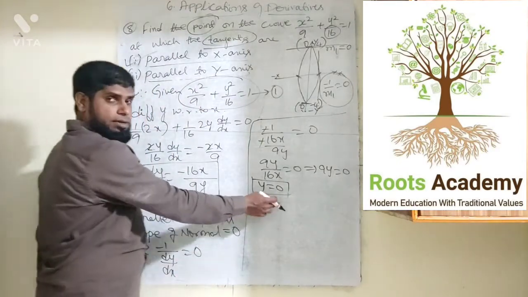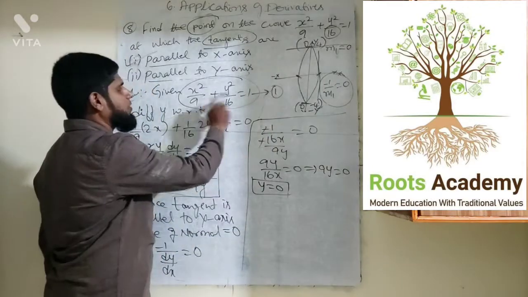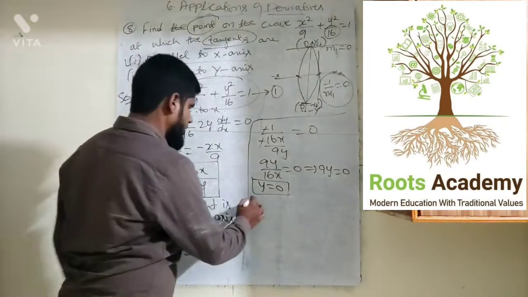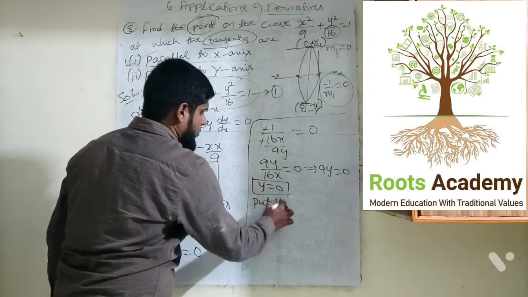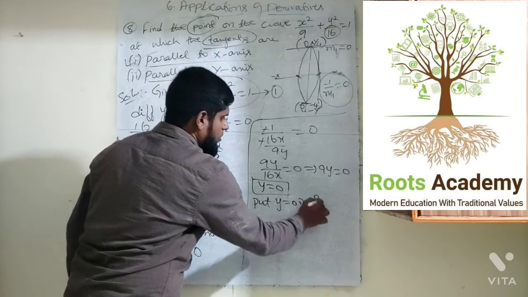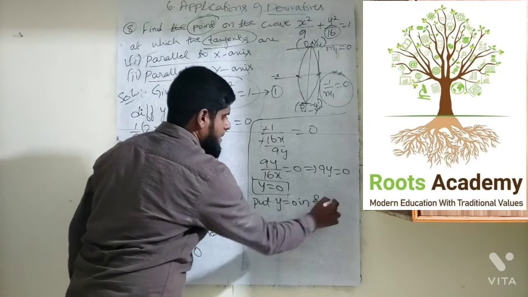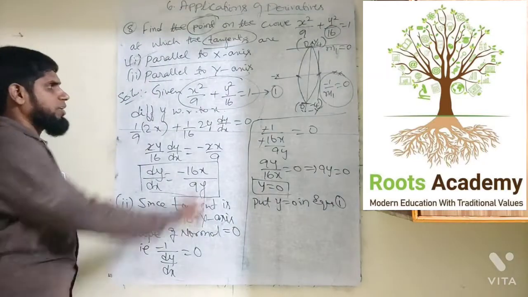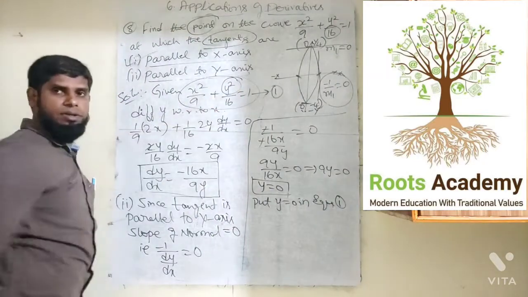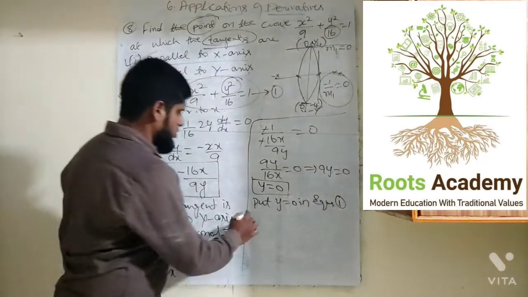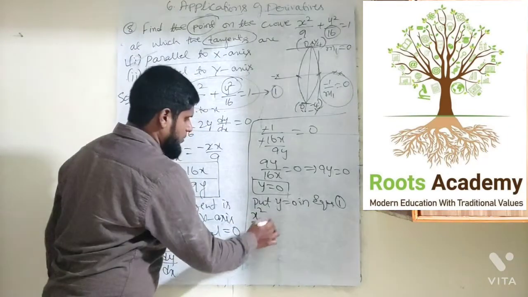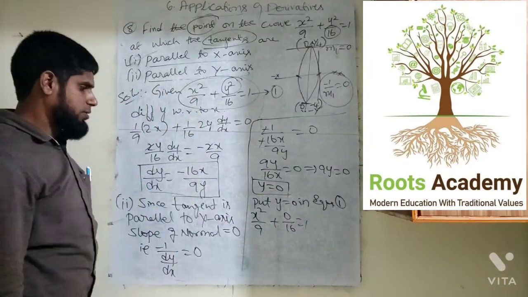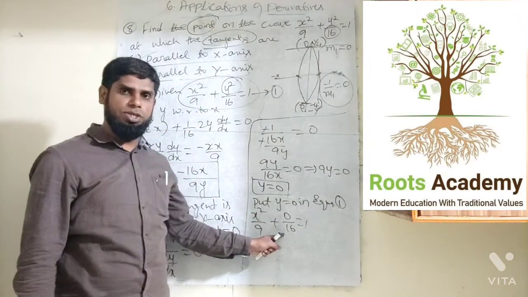This value of y I should substitute in equation 1 to find the x coordinates. Put y equal to 0 in equation 1. So in equation 1, wherever we have y, we will put 0. This is x square by 9 plus 0 by 16 is equal to 1. 0 by anything is 0.